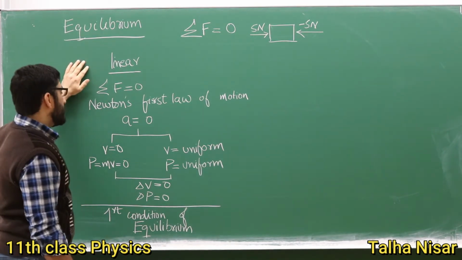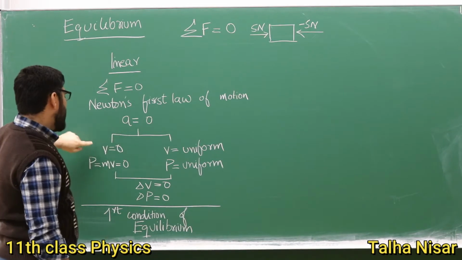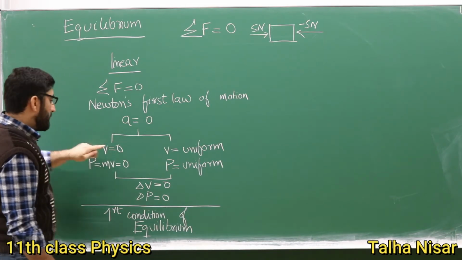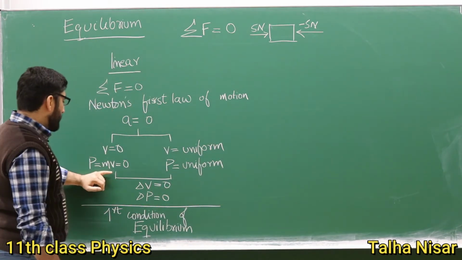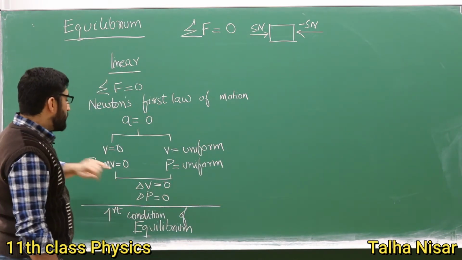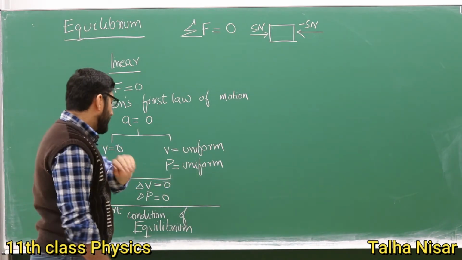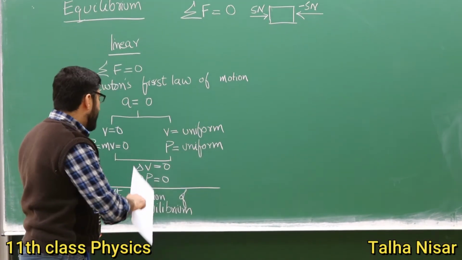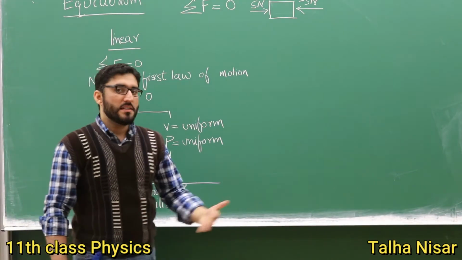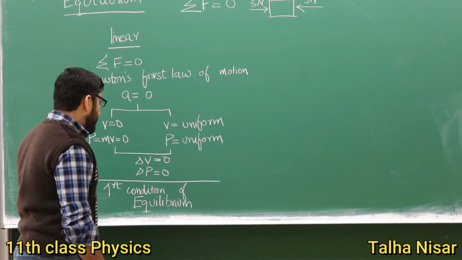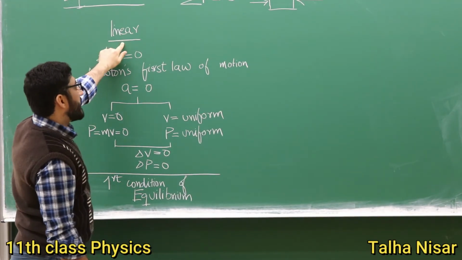If the net force is 0, the acceleration is 0. If the acceleration is 0, either the velocity is 0 or the velocity is uniform. If the velocity is 0, in classical physics the momentum is 0. So the momentum is 0 or uniform, and we can also say that the change in velocity is 0 or the change in momentum is 0. This is the first condition of equilibrium, which is for the linear case.